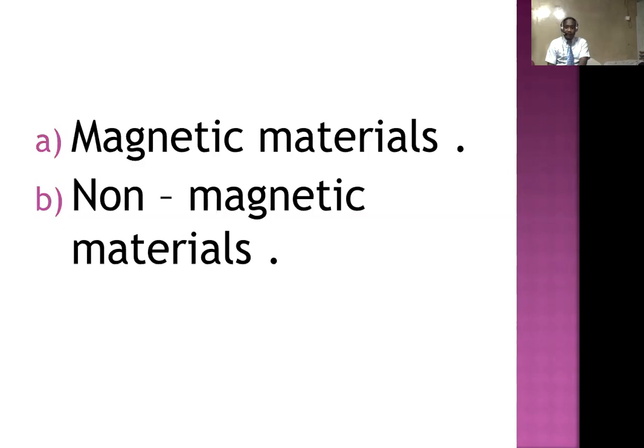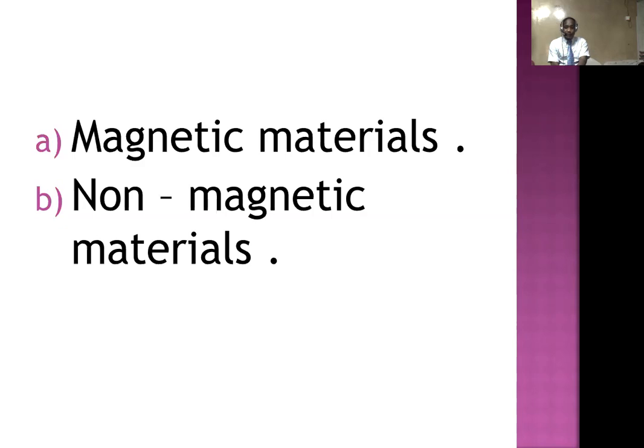I repeat, examples of magnetic materials are tin, iron, nickel, steel, cobalt, chromium, and alnico.